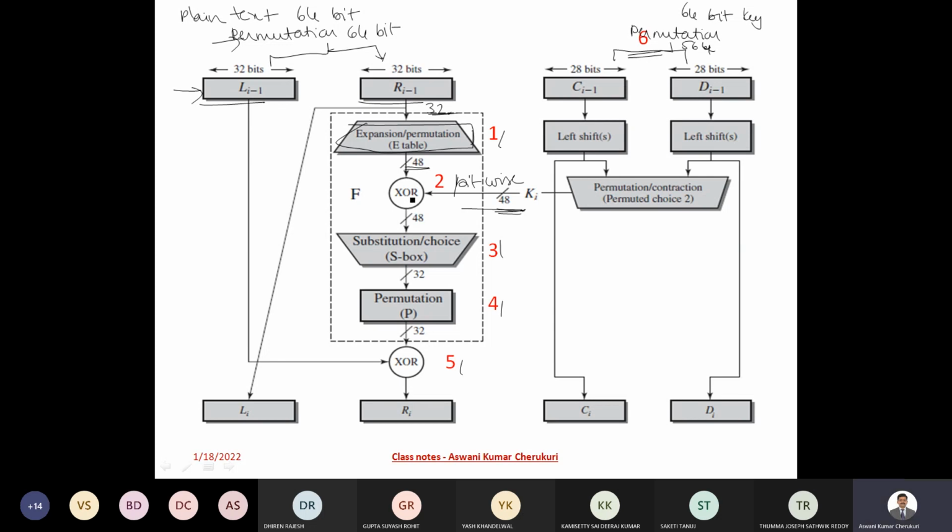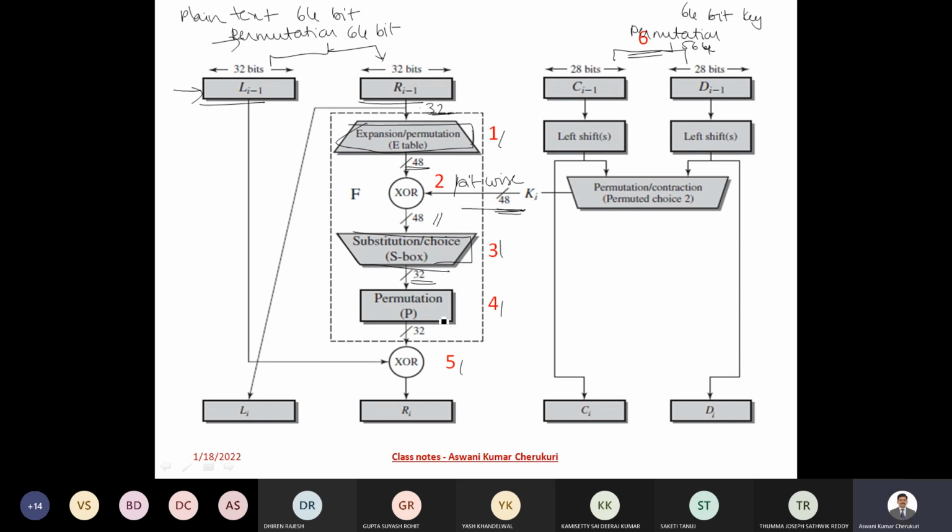Since you perform bitwise XOR with the key, you get an output of 48-bit. Earlier you had 32 and it got expanded to 48. Now I need to bring it back to 32-bit. How do I do it? With the help of a box called the substitution box. Once you do that, your 48-bit becomes 32-bit.